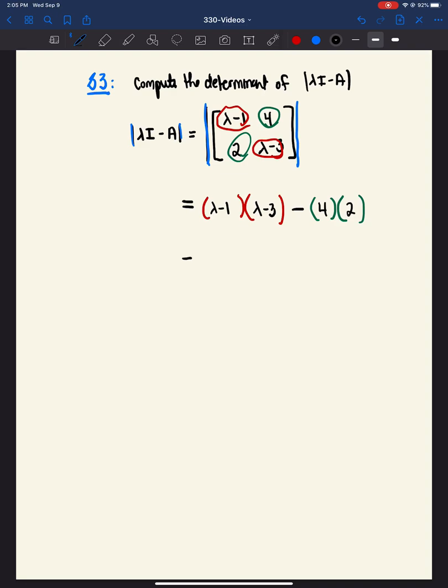If we expand these out, we'll get lambda squared minus 4 lambda plus 3 minus 8. And doing the little bit of arithmetic left, this is lambda squared minus 4 lambda minus 5. So that is the determinant of the matrix we had above.